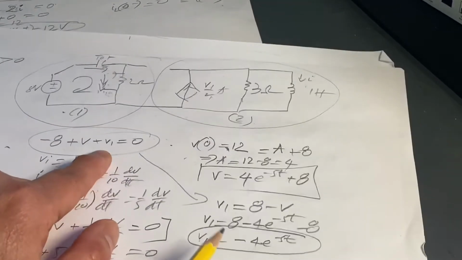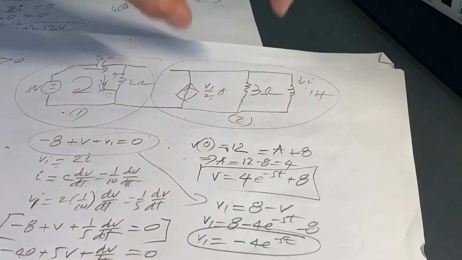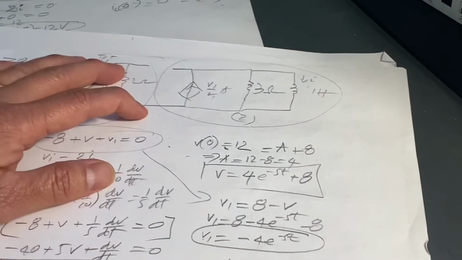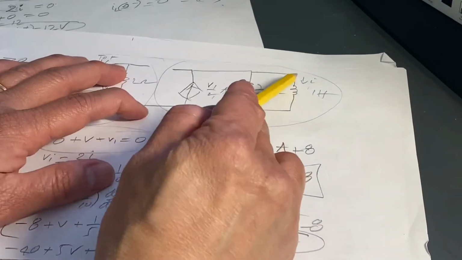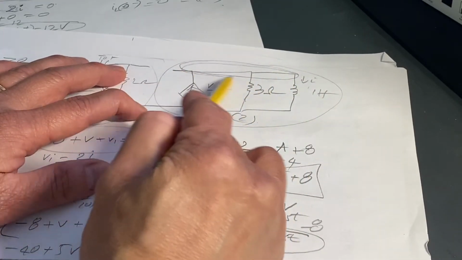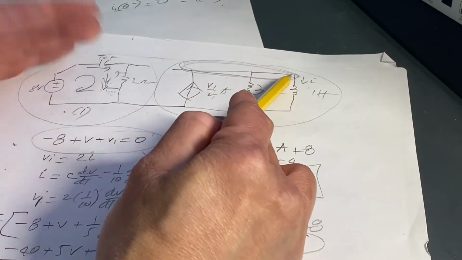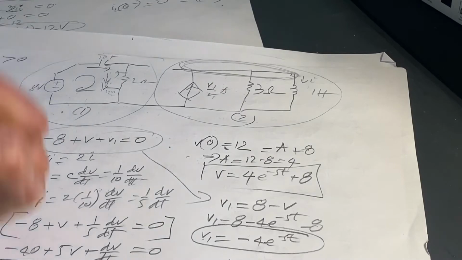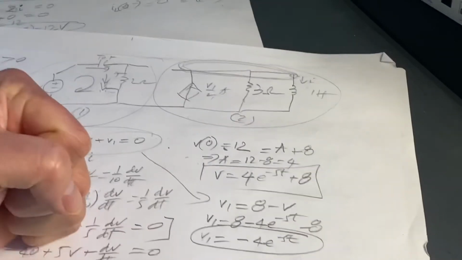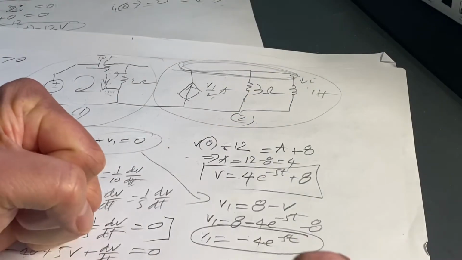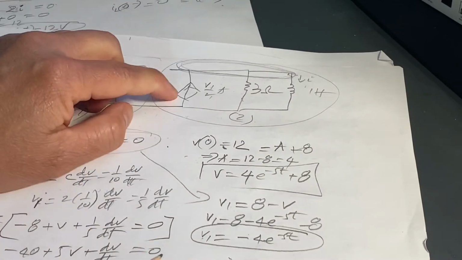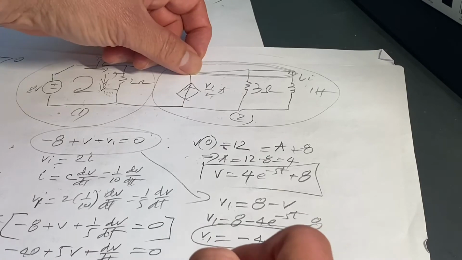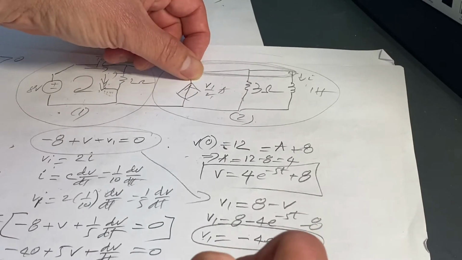Now we got V1. Now we take a look at the second circuit. The current at this one, I tie them up into one node. We know the sum of the current going in equals the sum of the current going out. So this is current going in. I write the node equation right here: V1, the current right here, V1 over 2.